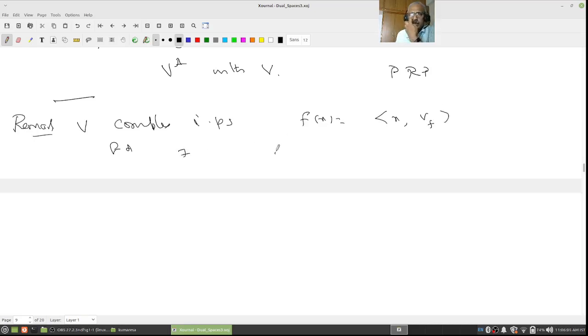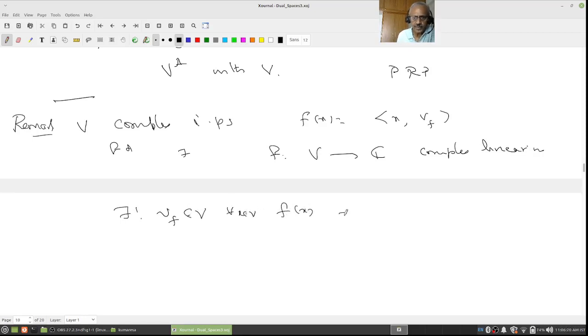If f is a complex linear map, there is a unique vector vf in V so that for all x in V, f of x is the inner product of x with vf. This is a true statement. So the Riesz representation theorem is still true.